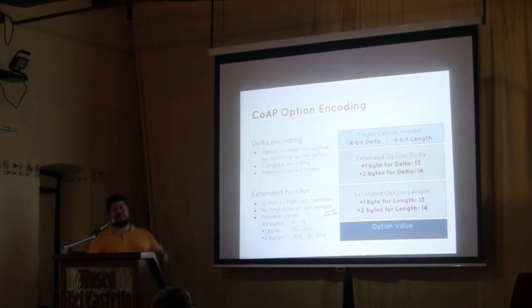It's a delta encoding, and there are two reasons. You can make it really small, and you can also enforce that the options, if you encode them, are always in the right order. So there's no way you could mess this up and get somehow the wrong order. A reason for that, for instance, is the URI is encoded in options, and if you switch two segments of this path, you would end up with a different URI. You really want to make sure that options keep this order so you don't get any problems like this.